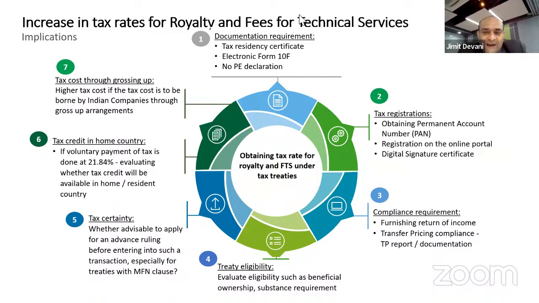What's the consequence of 10F? You will not get the treaty benefit, because you are not treated as a tax resident. Then the Indian company can say, I will not give you the treaty benefit, I will withhold tax as per the domestic law of India. If you do not have a PAN, yes, you have time till 30th September. You can obtain a PAN and then upload your 10F after obtaining it.